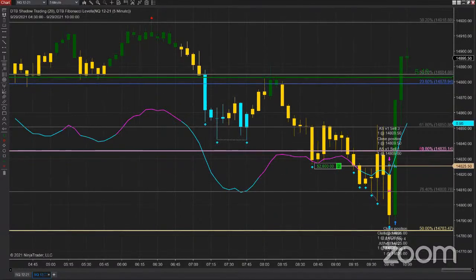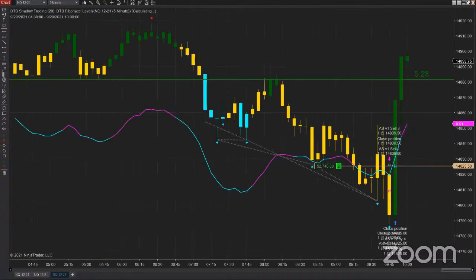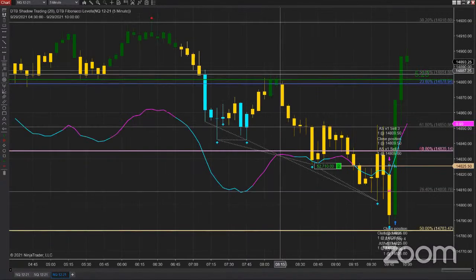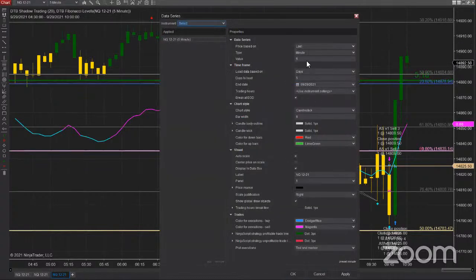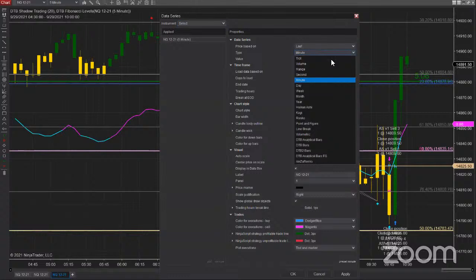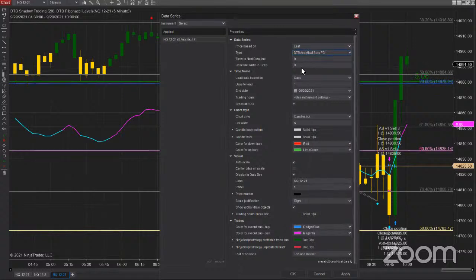You can even switch over to different values of a bar. So you can go over here and switch to analytical bars, and we will choose like a 22 and a 22. Let's go like that, and I'll apply that.